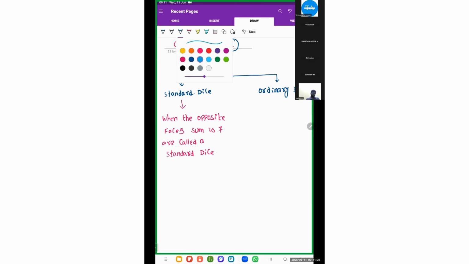So opposite faces sum is 7, that is what kind of dice? Standard dice.